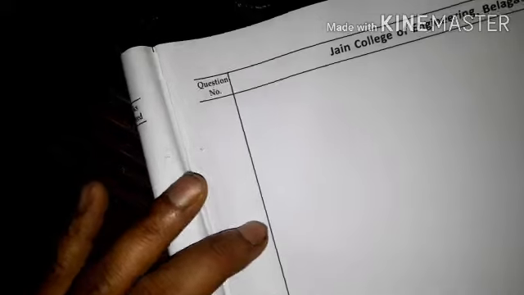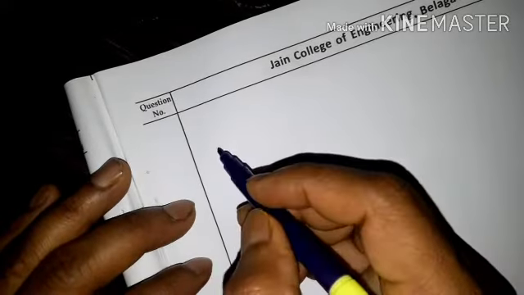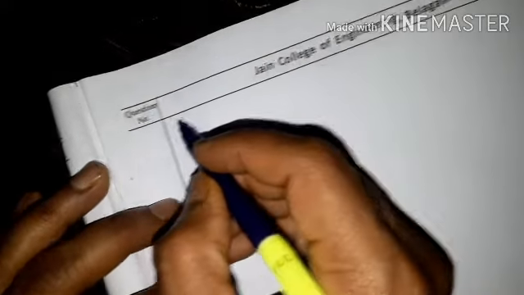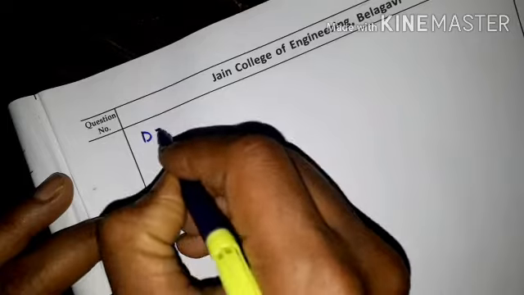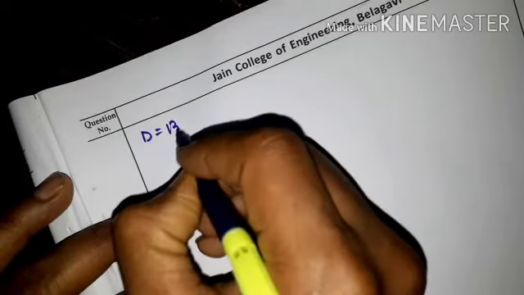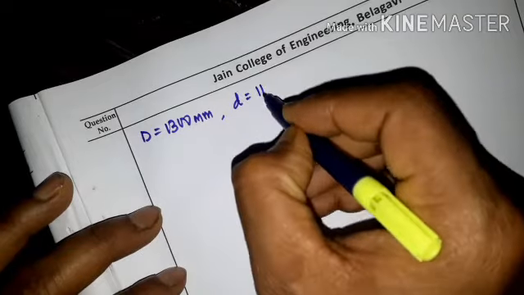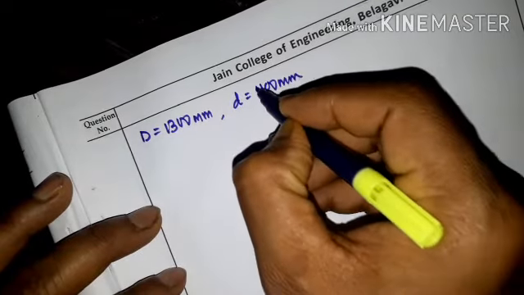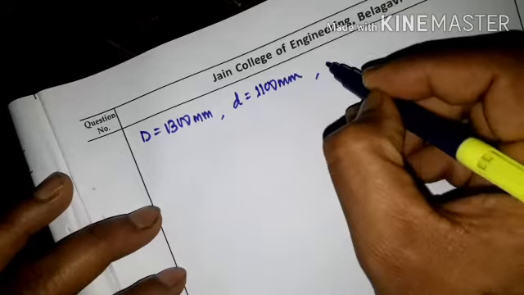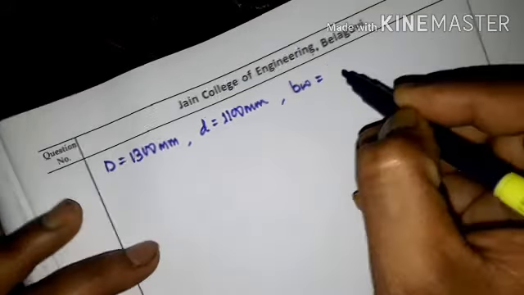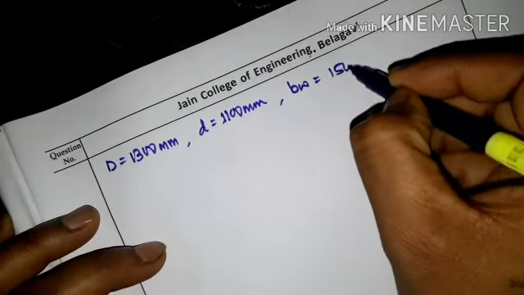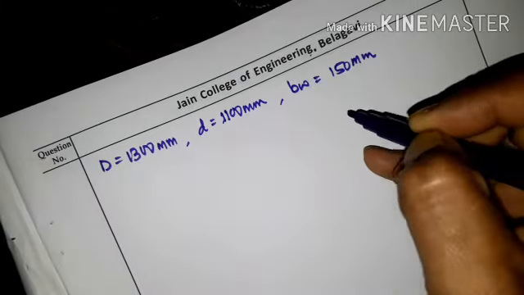First of all, we'll note down the given data, so it will be easier. The total depth is given as 1300 mm, and the capital D is given as 1100 mm. And the width of web bw is given as 150 mm. This is regarding the cross section.